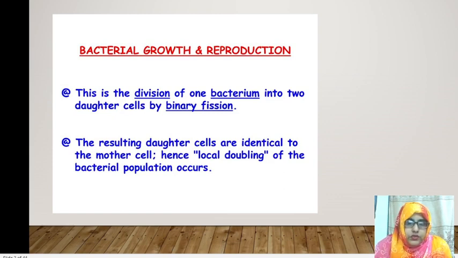Bi stands for two and fission means breakdown of a single cell of bacteria into two. The resulting daughter cells are identical to the mother cell. Hence, logarithmic doubling of the bacterial population occurs. Doubling means the number increases.